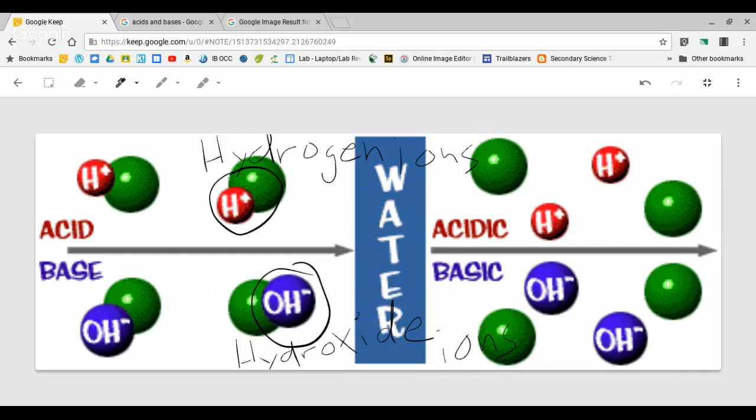This one makes you more basic. If you have a bunch of OH ions floating around in a solution, it's a base. If you have a bunch of H ions floating around in a solution, it's an acid. That's the technical chemical definition for each one. Lots of hydrogen ions means you're acidic. Lots of OH ions means you're basic.